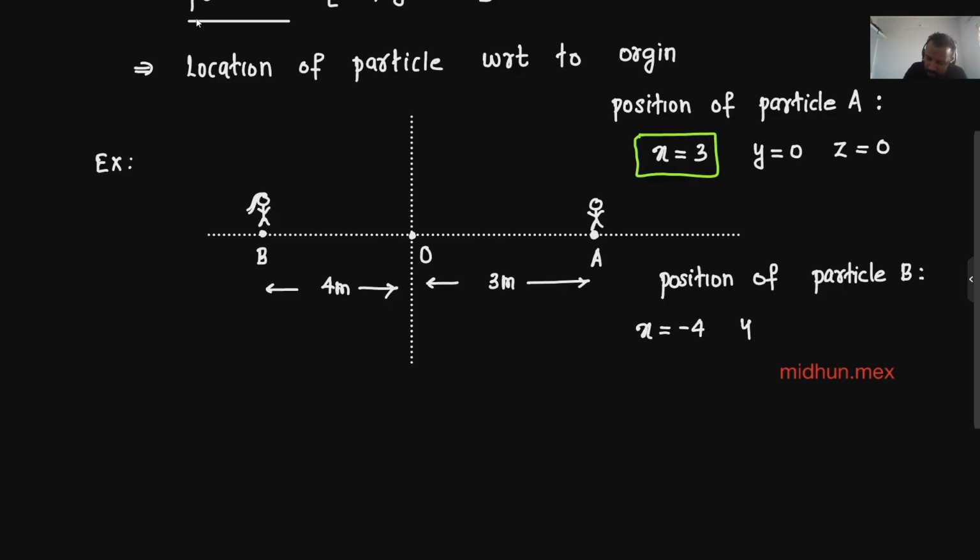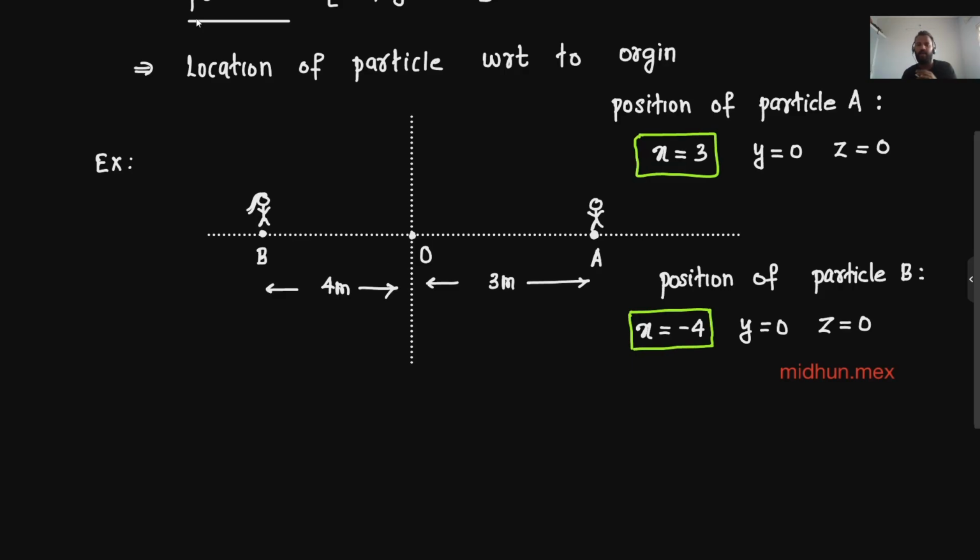Similarly, y coordinate will be 0, z coordinate will be 0. Since y coordinate is 0 and z coordinate is 0, we don't have to say much about them. We will focus on x equal to minus 4. So x equal to minus 4 is the position of particle B.